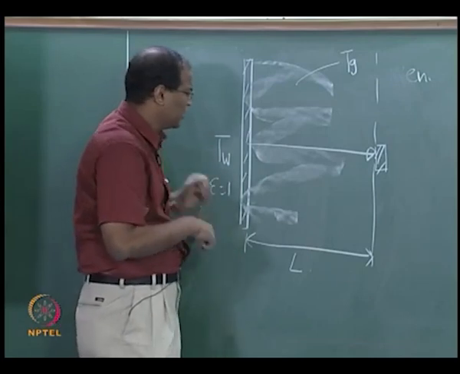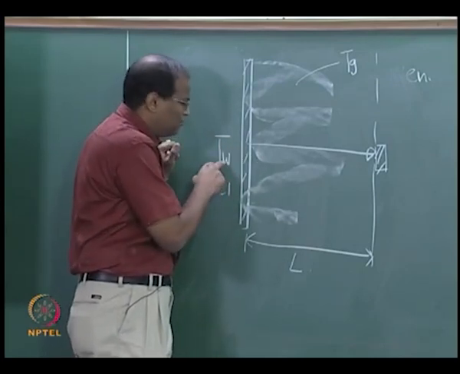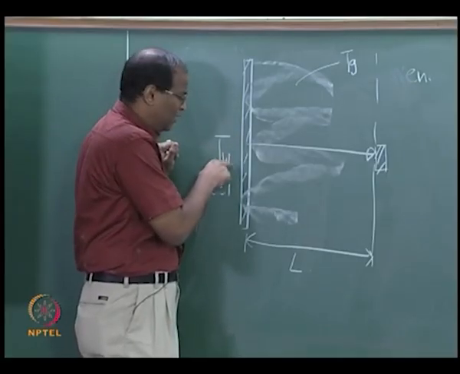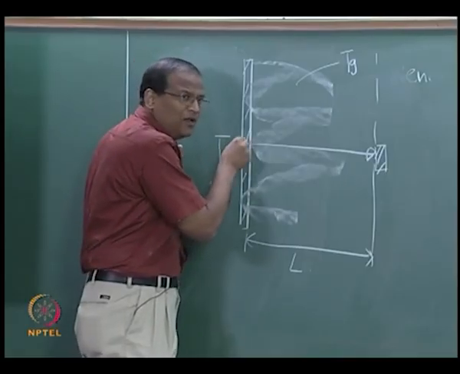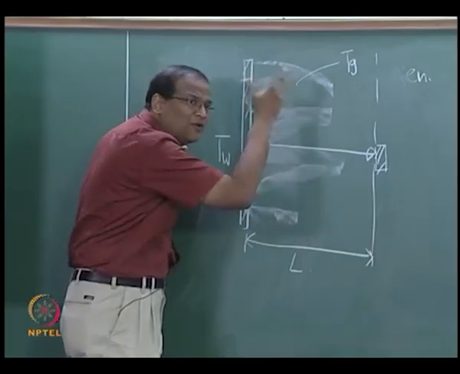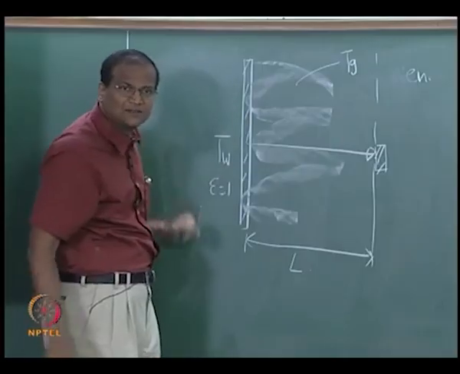The first contribution is the radiation from the wall, which is given by sigma Tw to the power of 4 by pi, that is I lambda. This is originating from the wall, which is modified or attenuated by the presence of this participating media, and which eventually reaches this.